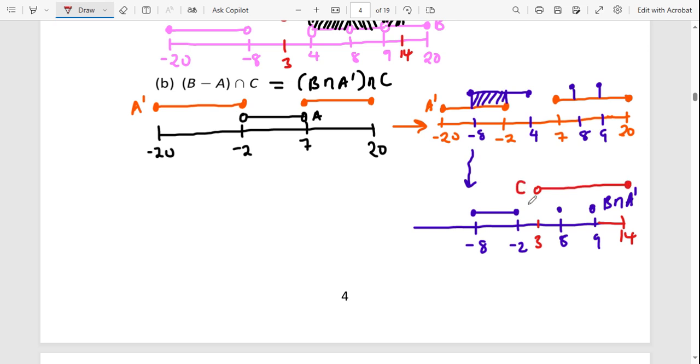That is set C. So can you see that C is intersecting with B intersection A complement just here and here. So therefore, the answer for B minus A intersection C is just 8 and 9. It's not a range, those are just elements. So put them in curly brackets.